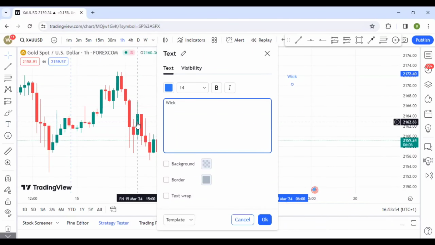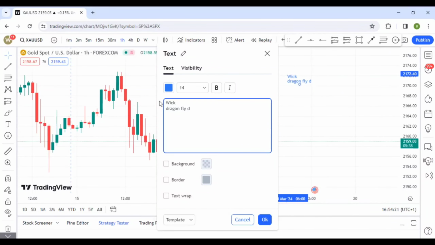Okay, so now let's look at different types of candles. Now we have the doji, the dragonfly doji. We have different types of candlesticks on bullish and also on bearish. Coming to the bullish, we have the dragonfly, which is this dragonfly doji.